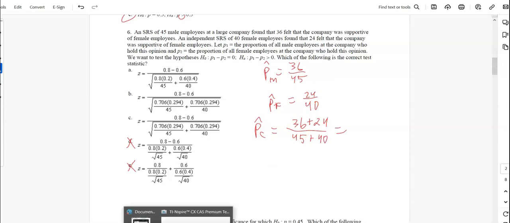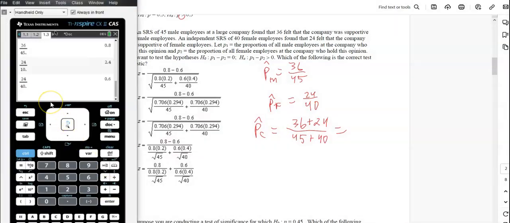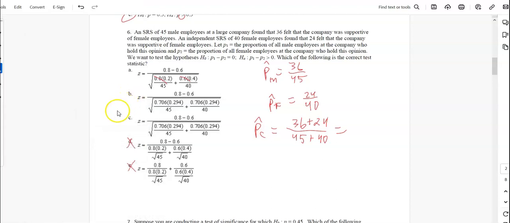So let's get our calculator out and find out what p hat pooled is. 36 plus 24 over 45 plus 40 is 12/17, which is 0.705, so 0.706. So it's not this one, right? That's using the p hats there. We need to use the pooled proportion for this one. So what's the difference? They look pretty similar for these two. Let's see.